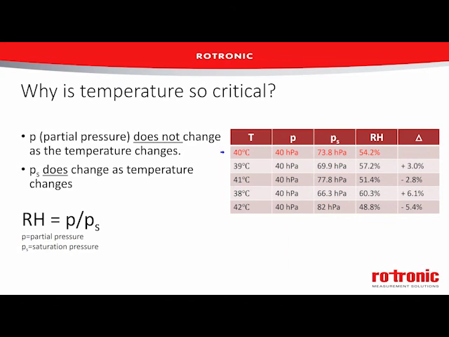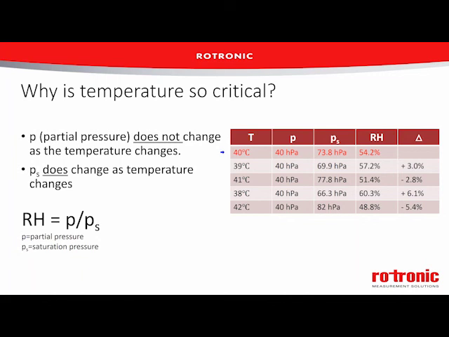If we think back to our relative humidity formula, we know as we change the temperature, the partial pressure of the water vapor is not going to change. We're changing the saturation vapor pressure. So the water content in our space is not changing, just the capacity or the maximum vapor pressure is changing.